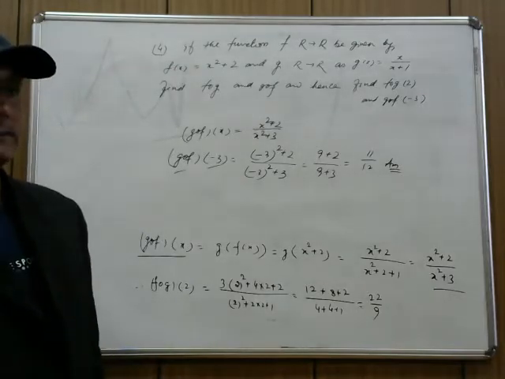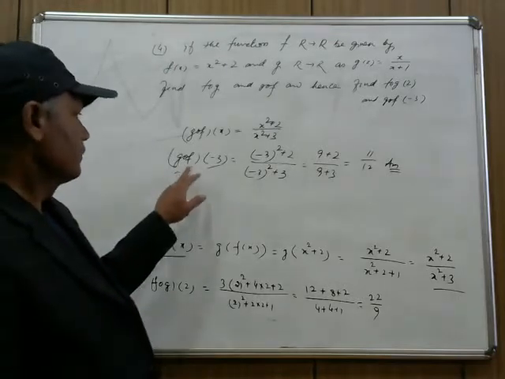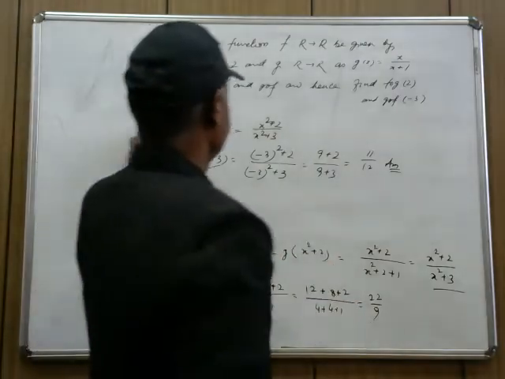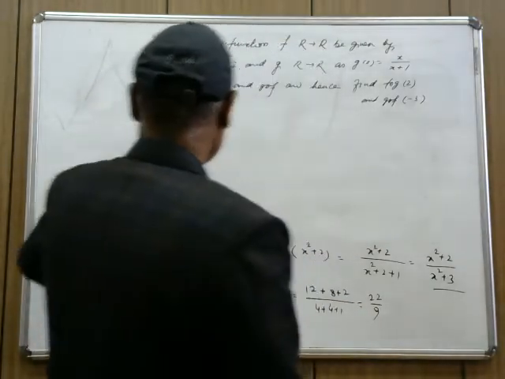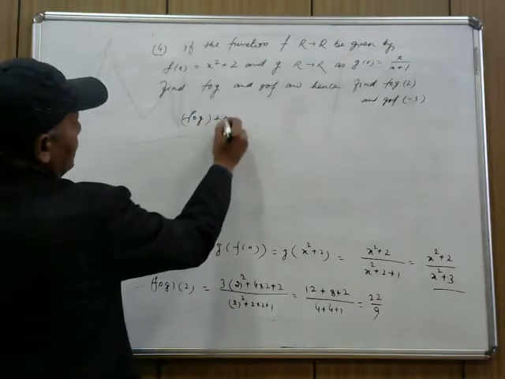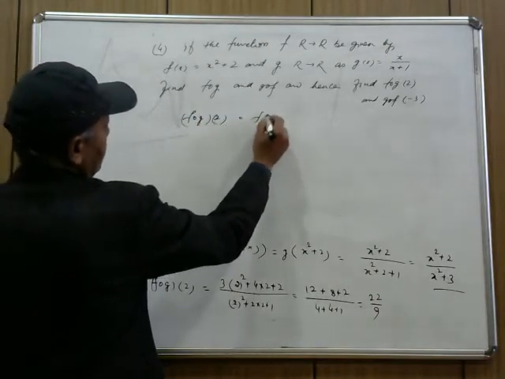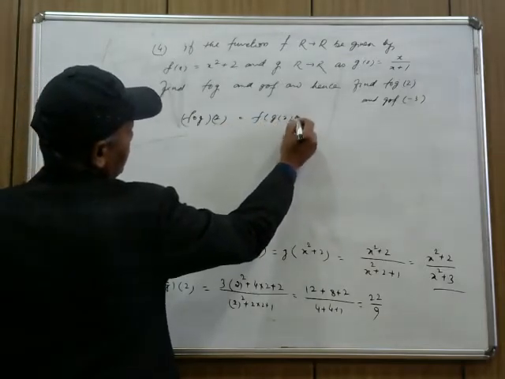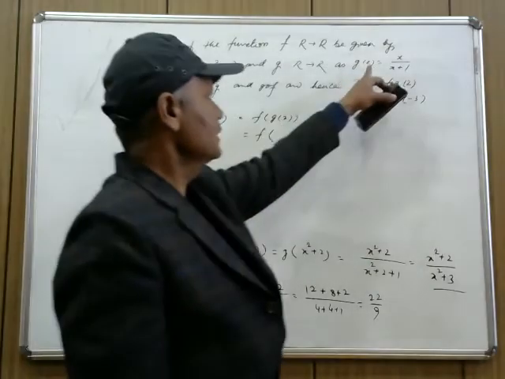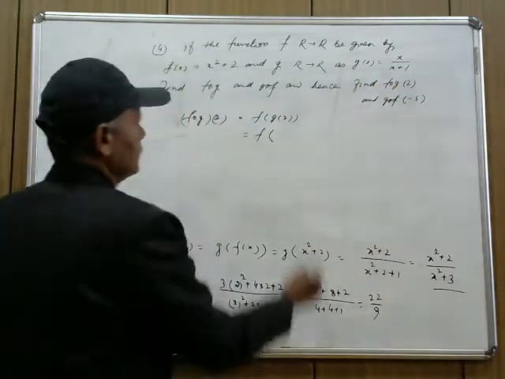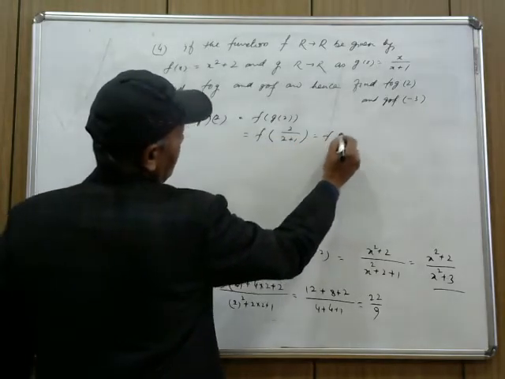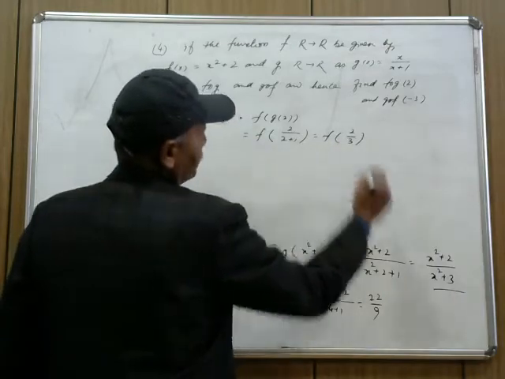Suppose I have to find g of f of minus 3 or f of g of 2. Let us see now, f of g of 2. First I will find g of 2. g of 2 is 2 upon 2 plus 1, that means f of 2 upon 3.